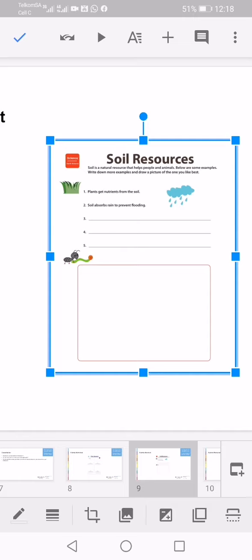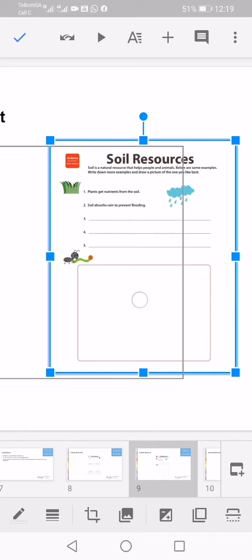Number 1, plants get nutrients from the soil. Number 2, soil absorbs rain to prevent flooding. So you need to write down 3 other examples, as well as in the block below you need to draw a picture of the one that you like best. So which example you like best, you're welcome to draw that picture in that block.